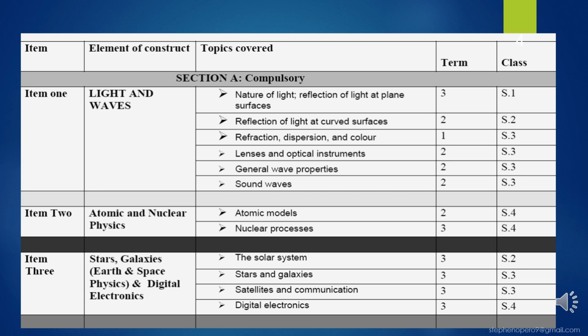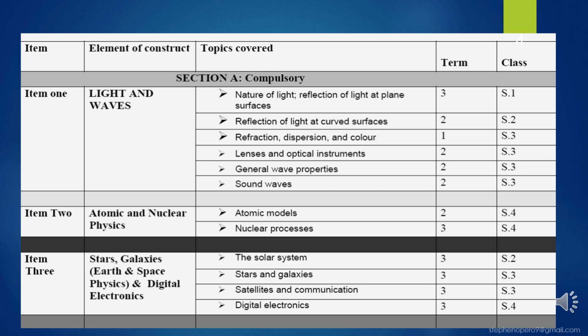To come up with this theme, there are 6 topics that we combine to generate a scenario-based item that covers at least 2 of these 6 topics. We have nature of light and reflection of light at plane surfaces.